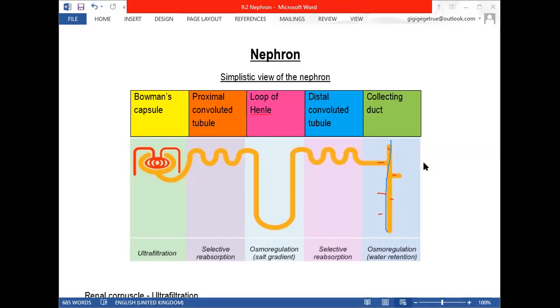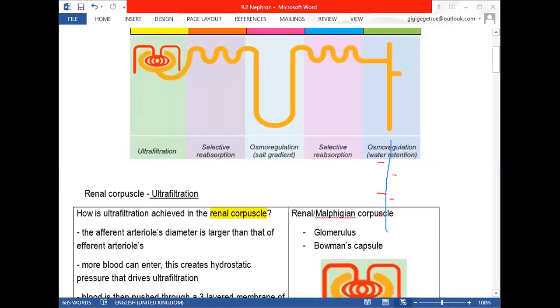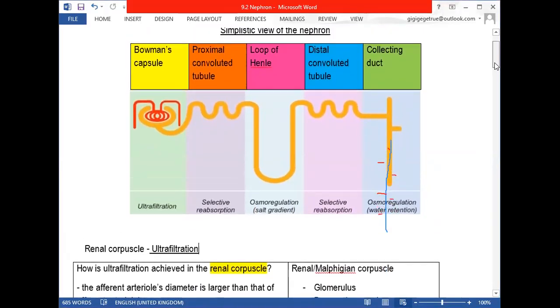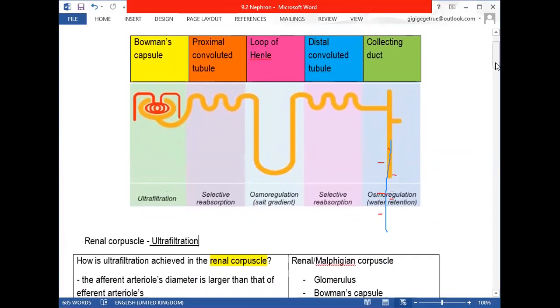So let's take a look at the simplistic view of the nephron first. Here you can see the nephron. The first part of the nephron is the Bowman's capsule.